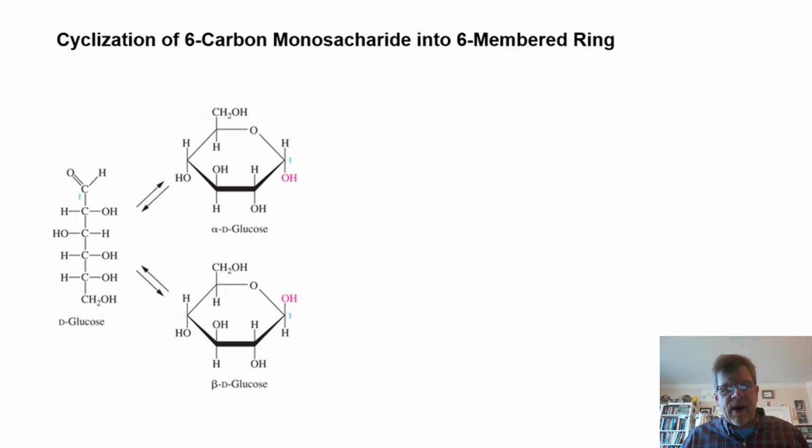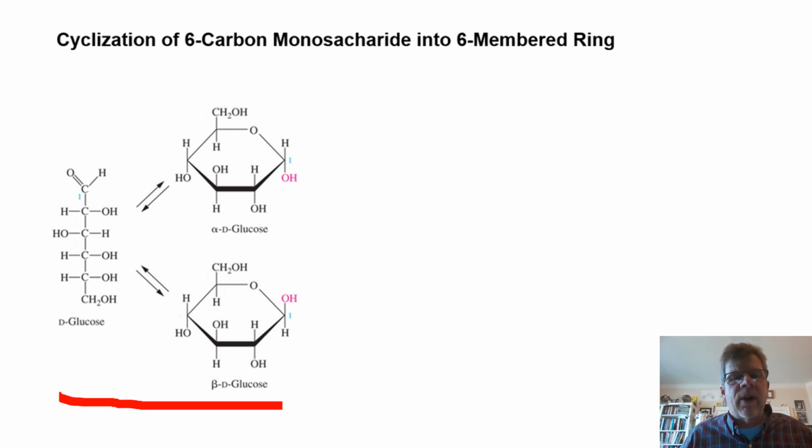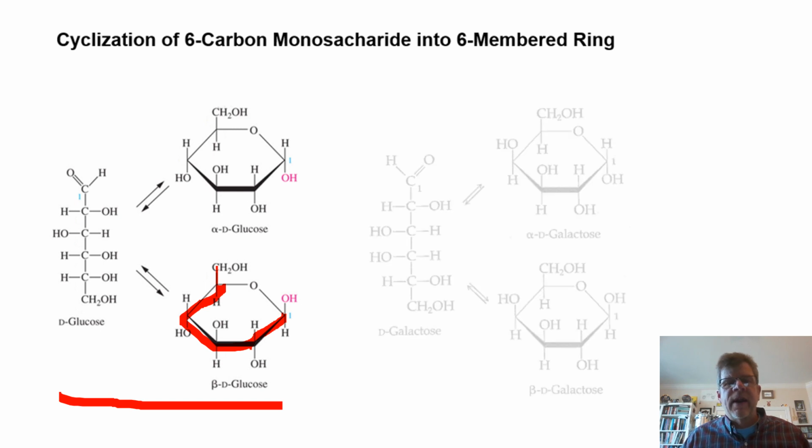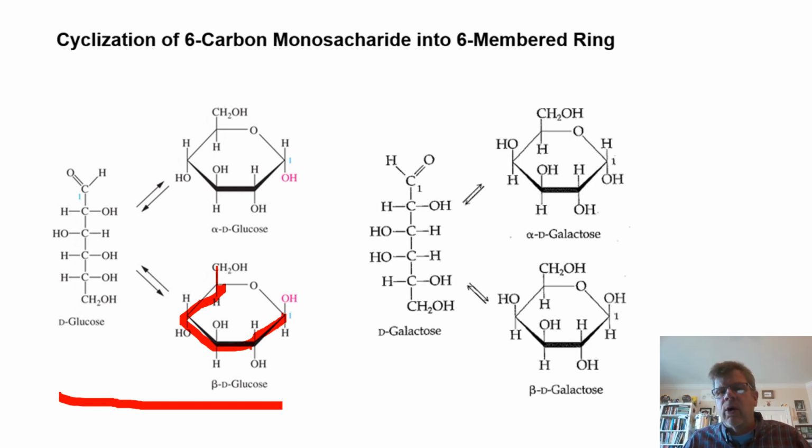We have another one. No, first we'll notice back here on glucose. Glucose is a 6-carbon monosaccharide. We can count them, if we count them around, 1, 2, 3, 4, 5, 6. They're all 6-carbon monosaccharides. Another 6-carbon monosaccharide is known as galactose.